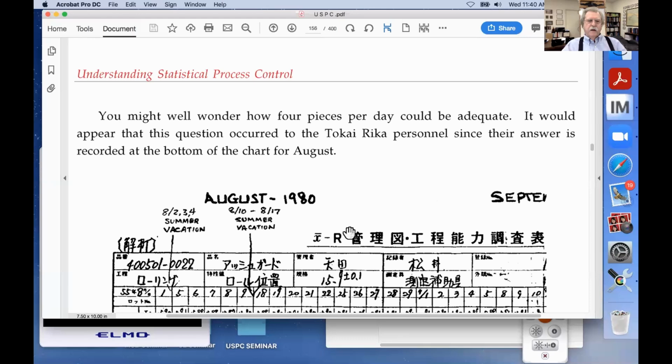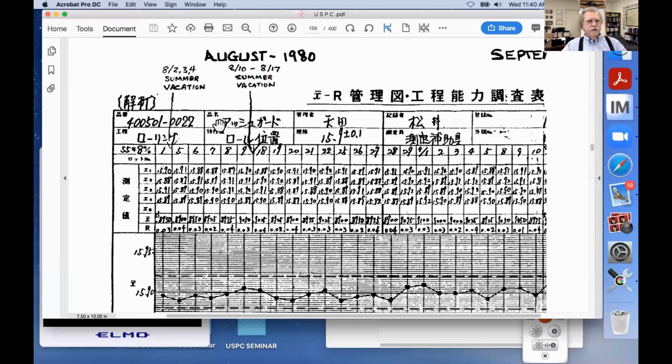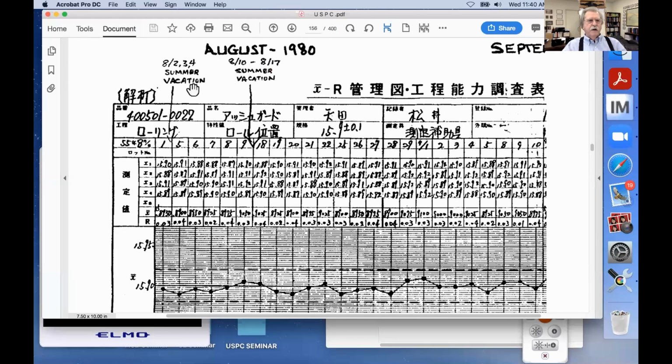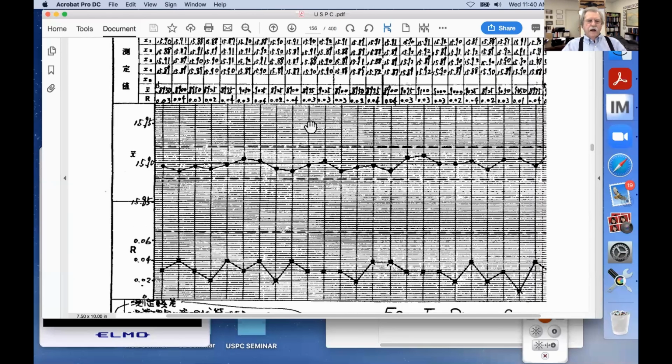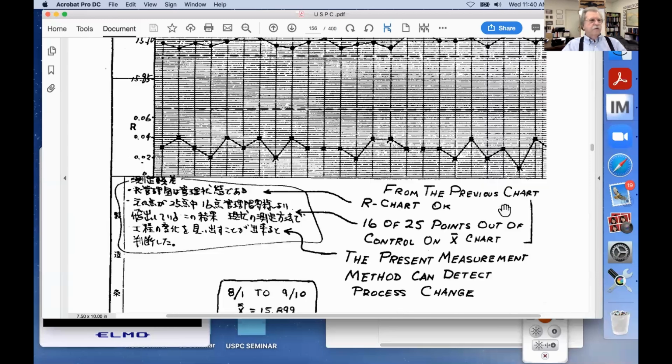Well, they asked themselves that question. You see, this is the beginning of a model year. They just came back from summer vacation, and they're getting geared up to run for the next model year. And they go back and look at the chart for July, which we don't have.